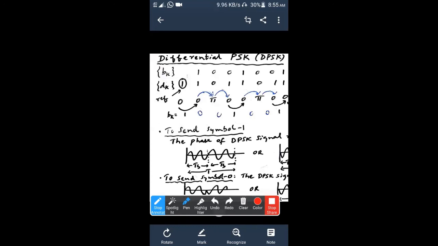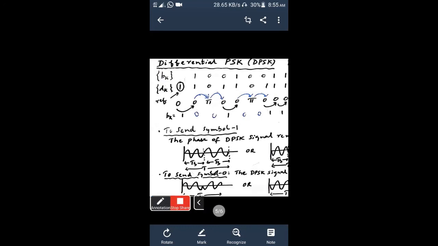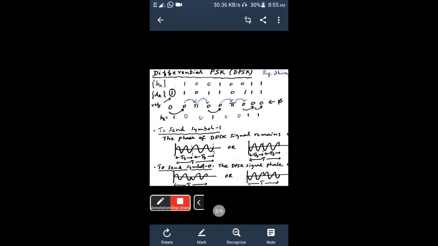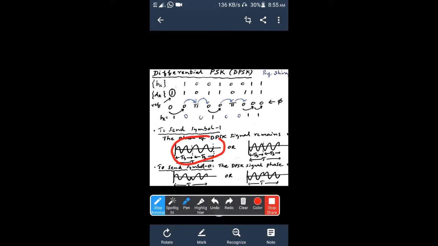If it is 0, that time it's going to be the opposite pattern. If you go back to the table and observe carefully, it happens. Got the idea? I have explained it here also. Look at this portion. If you observe for 1 TB and for another TB, and both waveforms are the same, if you come across these waveforms in the receiver, I declare the bit is 1.